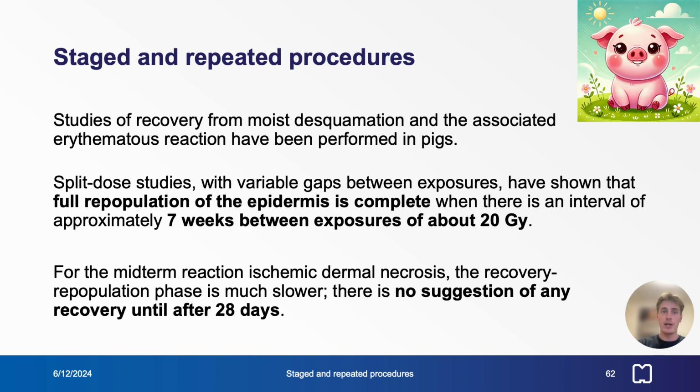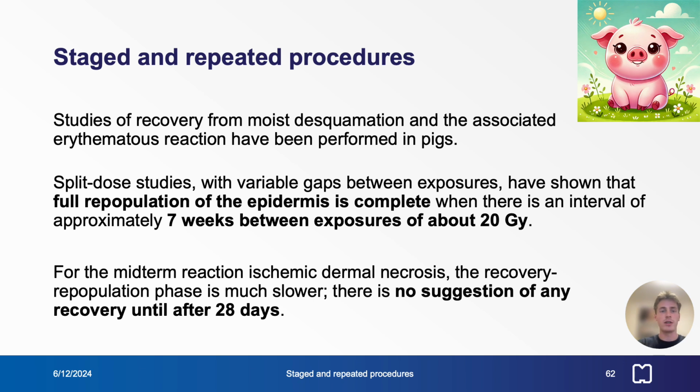Studies of moist desquamation recovery and the associated erythematous reactions have been performed in pigs. Split-dose studies with variable gaps between exposures have shown that full repopulation of the epidermis is complete when there is an interval of approximately 7 weeks between exposures of about 20 gray. For the midterm reaction, ischemic dermal necrosis, the recovery repopulation phase is much slower.